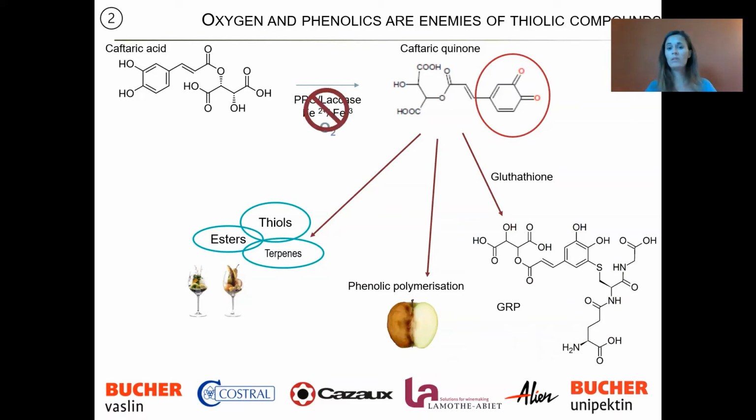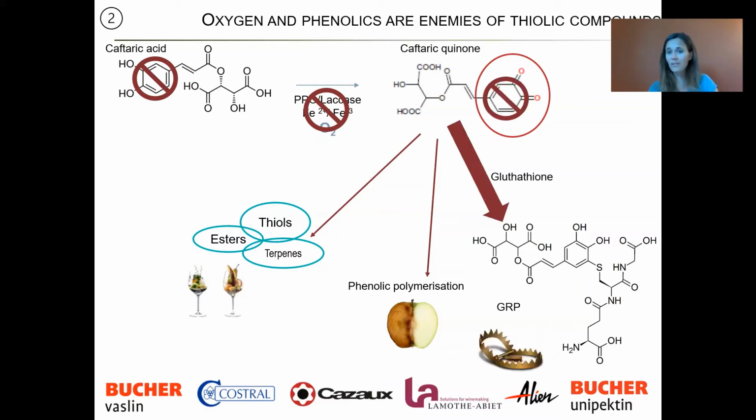So how can we do this? Of course, we can inhibit PPO laccase, but also try to limit the contact with oxygen. We can limit the extraction of phenolic compounds, and we can increase the content of glutathione, or at least make sure we maintain a good amount of glutathione in our wine to always trap the quinone in this way, avoiding the quinone reacting with phenolic compounds and thiolic compounds.